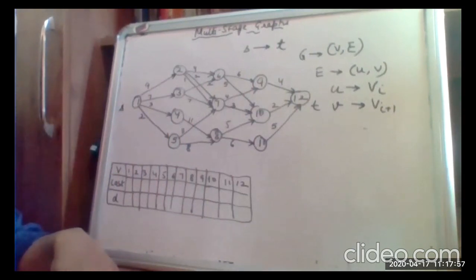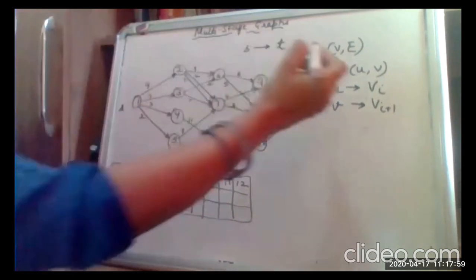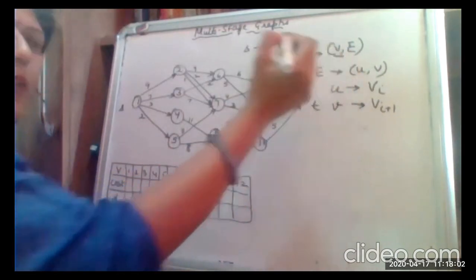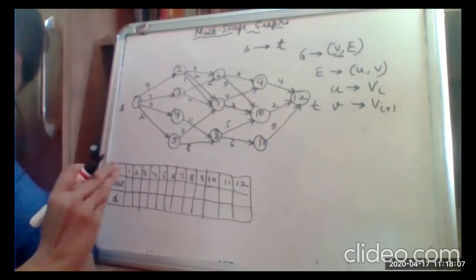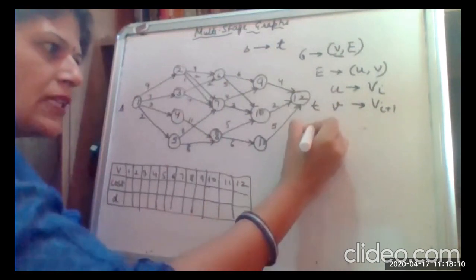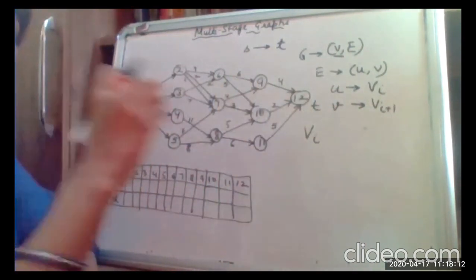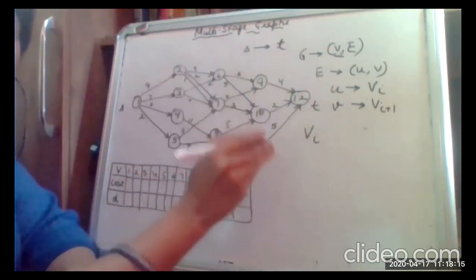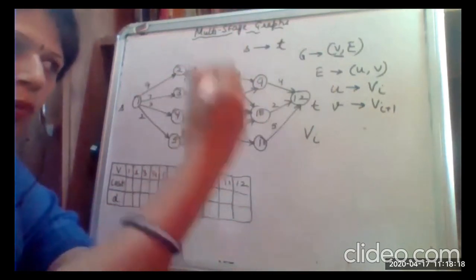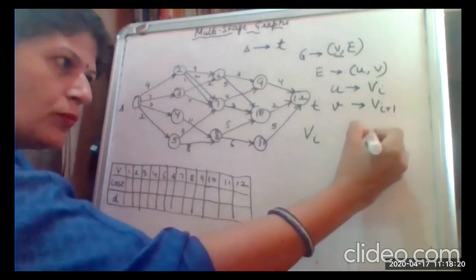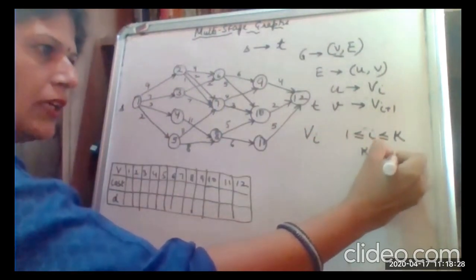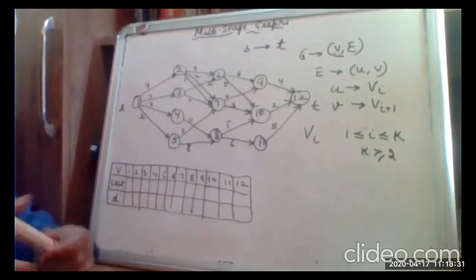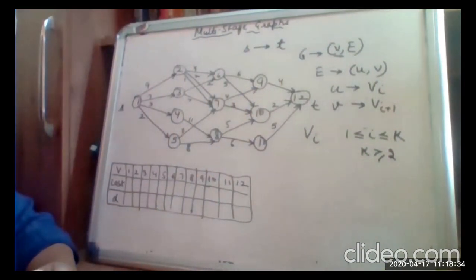Now, what is this vertex stage that we are saying? The set of vertices V is divided into disjoint sets, K number of disjoint sets of vertices where i goes from 1 to K, such that K is always greater than or equal to 2. Here K denotes the stage of the graph.